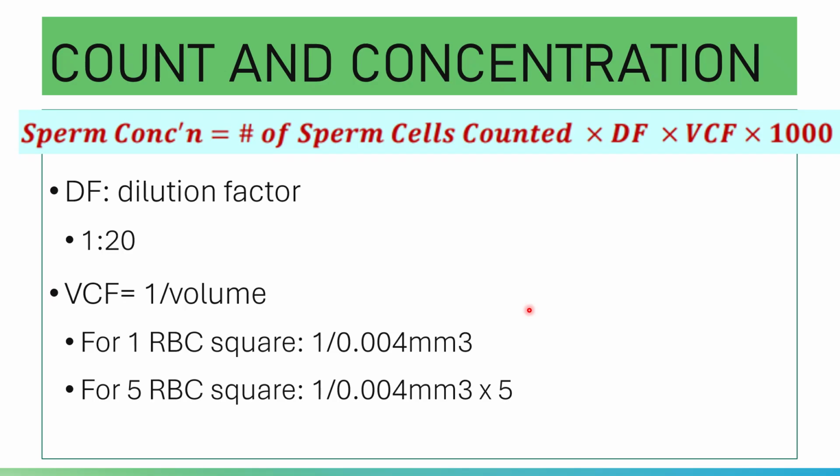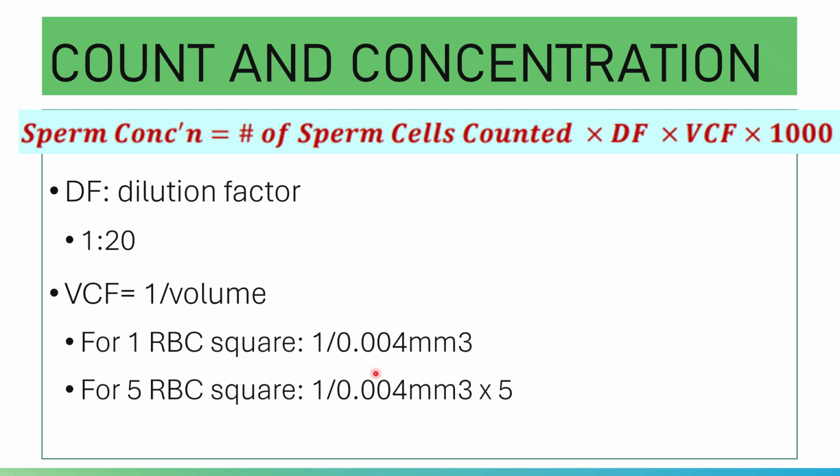1 over the volume of your square. So for 1 RBC square, your VCF is 1 divided by 0.004 cubic millimeters.